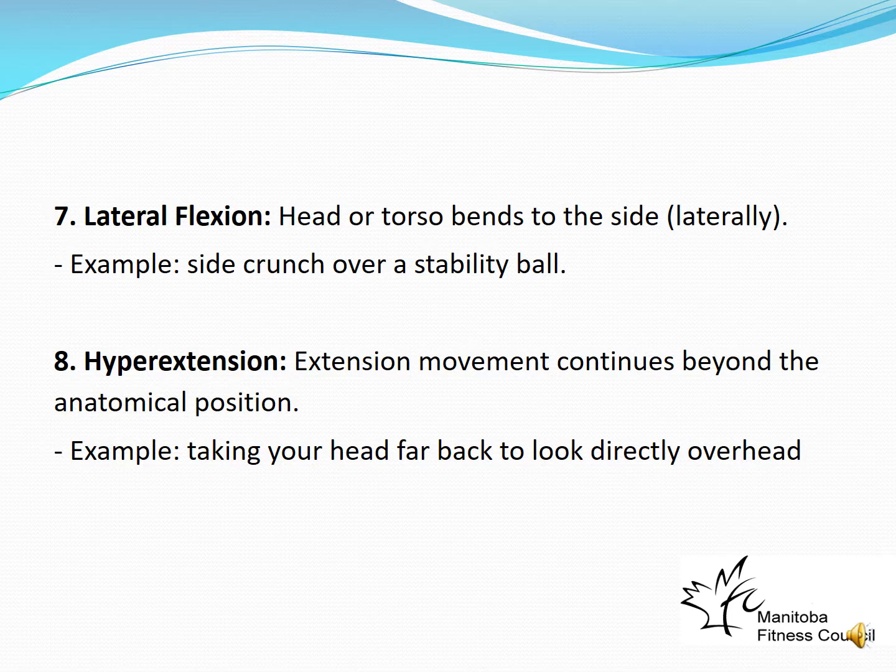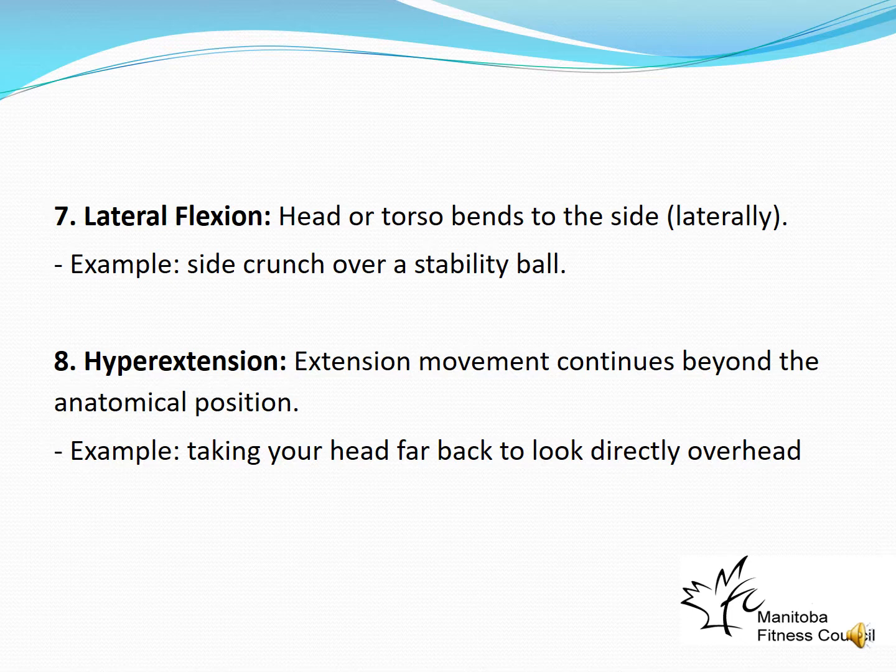So if you take your chin and you drop it down to your chest, you will be flexing your neck forward, your cervical spine forward. If you return your head up so you're looking directly forward, we would say that you are extending your neck. But then if you continue to go back to look straight up towards the ceiling, now you are hyperextending the spine.